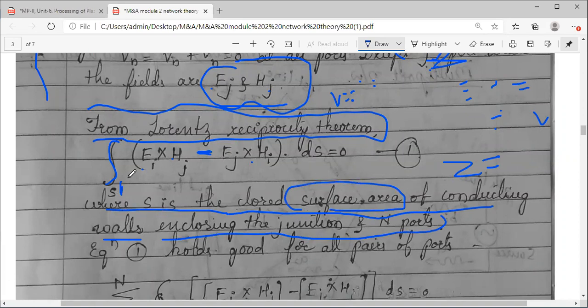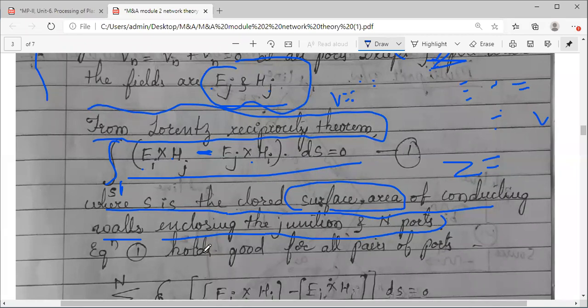Now this equation 1 holds good for all pairs of ports. I have considered I and J as a reference, but we have multiple ports. If I take different combinations, next time it may be some other M and N, 1 or 2, 3, 4, 1, 4, any combination.